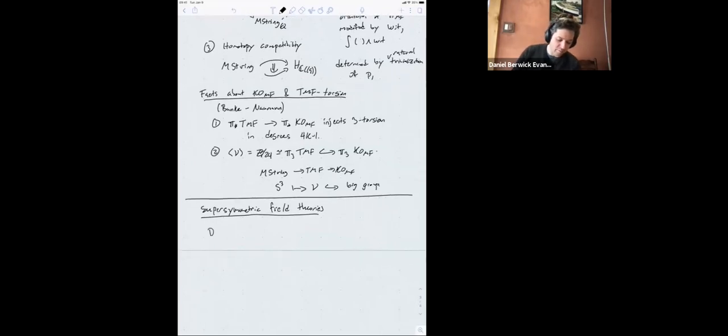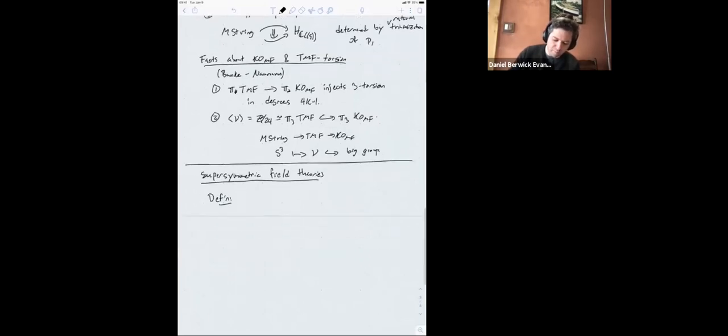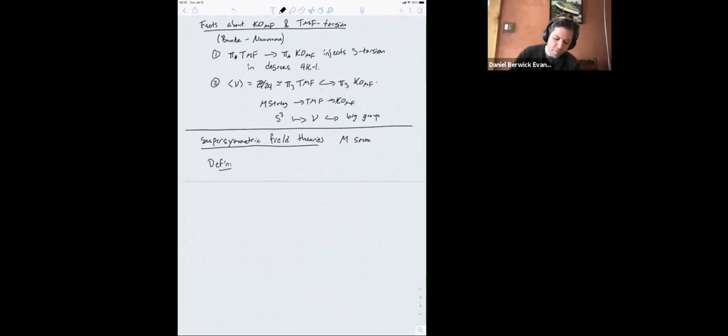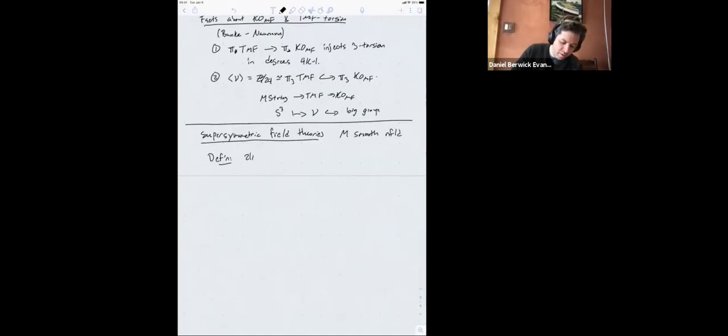So the full relation to TMF. So the definition I have in mind, and again, here as above, M is going to be a smooth manifold. I'm going to study this category of quantum field theories over M, which will be defined as symmetric monoidal functors from a certain bordism category over M to a category of vector spaces.